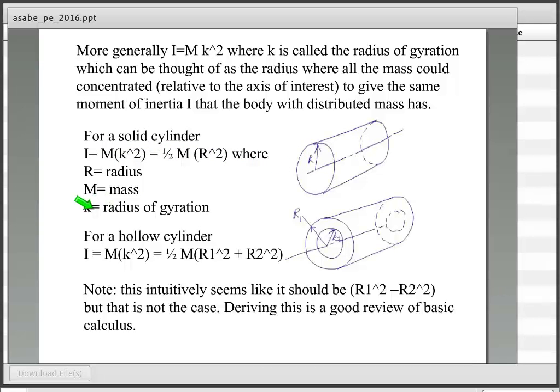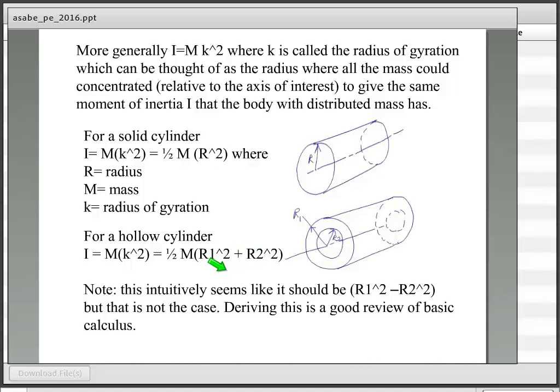And that would allow us, of course, to calculate what the radius of gyration would be in that case if we wanted to know that. If the cylinder's hollow, the interesting thing is that the mass moment of inertia is 1/2 m times the outside radius squared plus the inside radius squared.